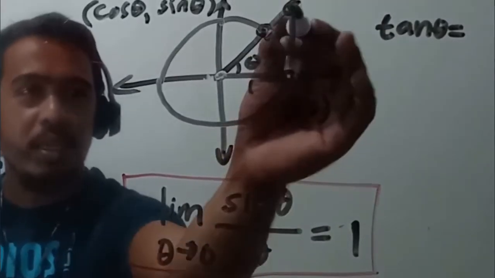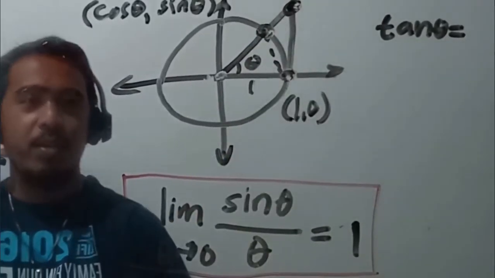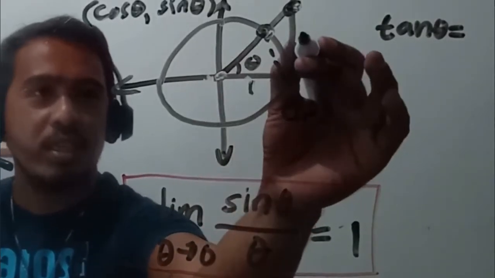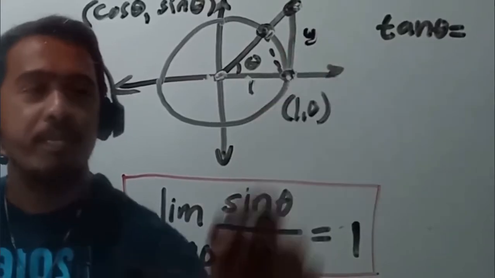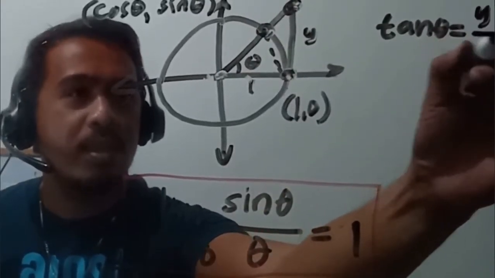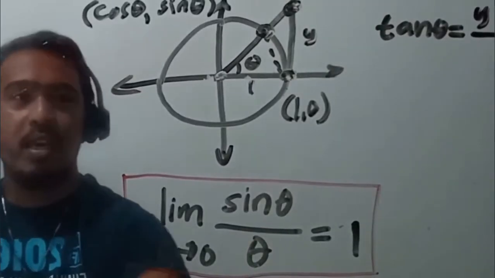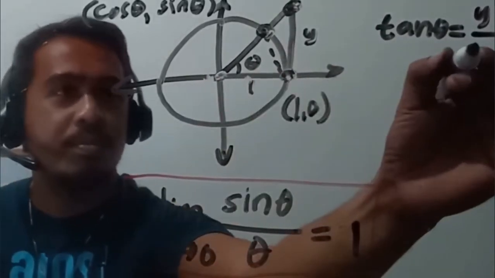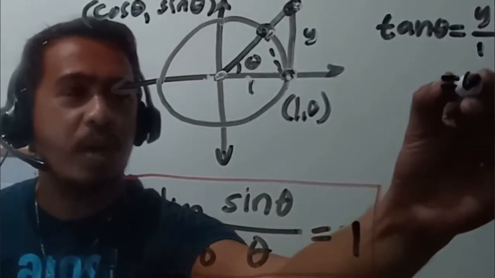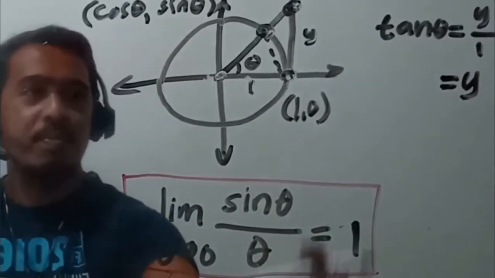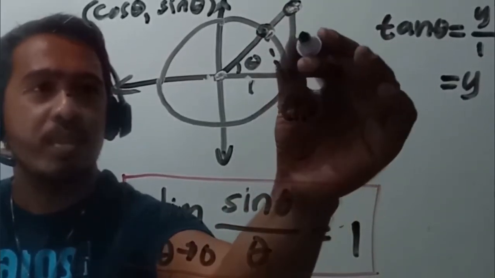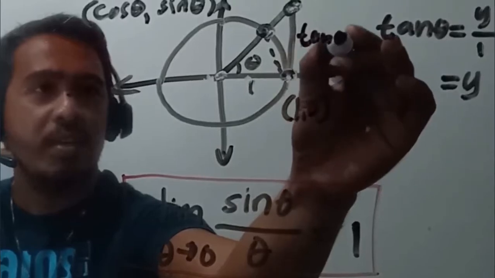To determine the ordinate of that point, we will be using tangent. So tangent of this theta is opposite over adjacent, the opposite is y and the adjacent is 1. If we simplify it, it is just equal to y. So y is just equal to tangent of theta.